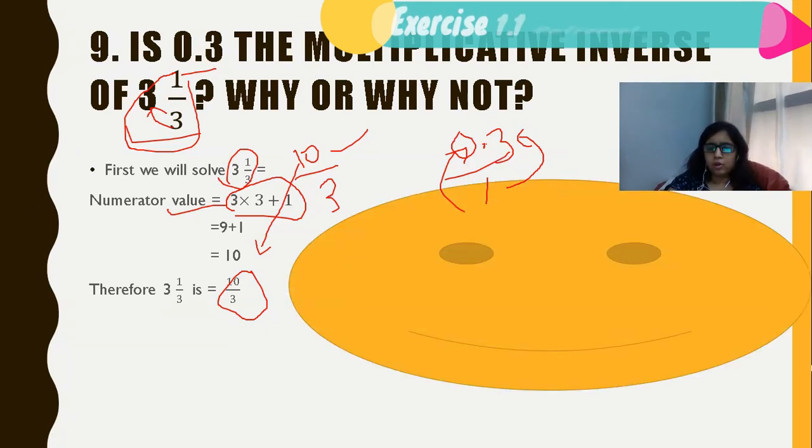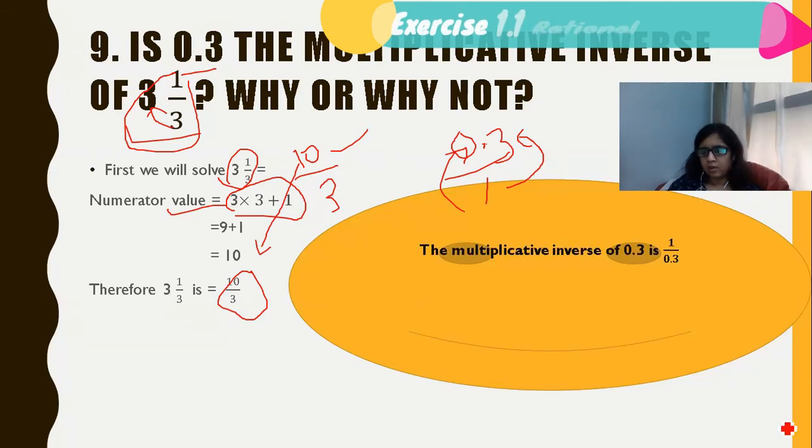So for 0.3 upon 1, when I shift these numbers, I get 1 upon 0.3. I have shifted the 1 to the numerator and the 0.3 value to the denominator.